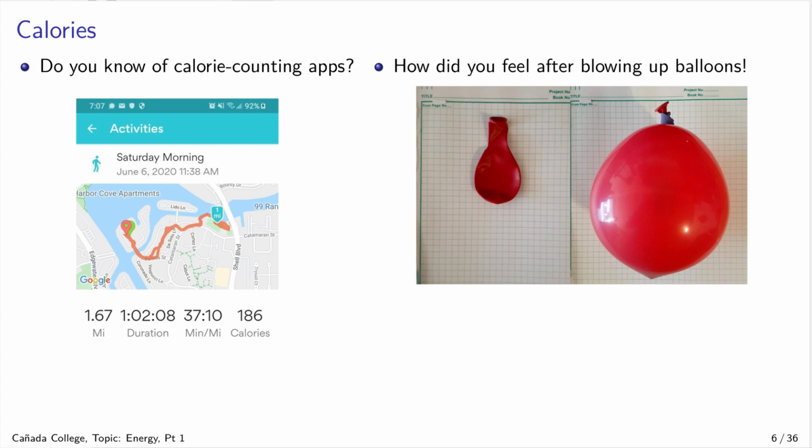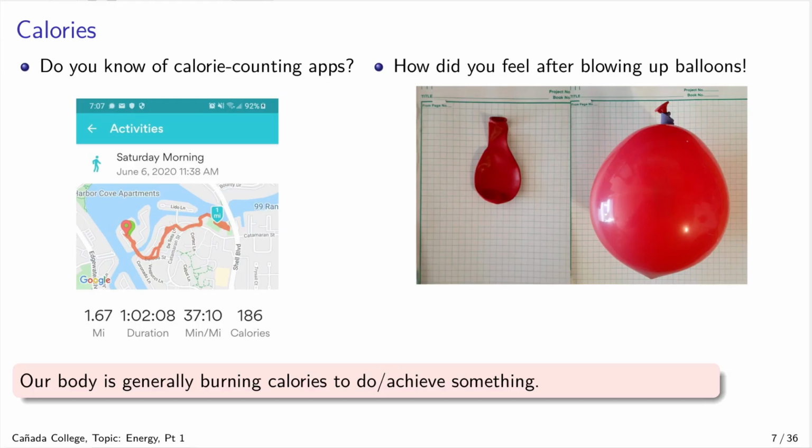Well, calories is a unit that is expressing how much work or how much energy we are using up. And in this example from my calorie counting app, what it is counting is how many calories of energy my body is using in order for me to be able to perform this walking function, right?